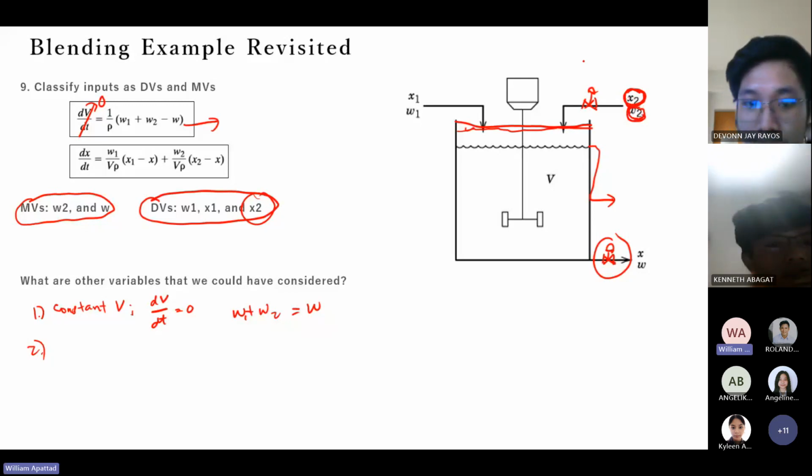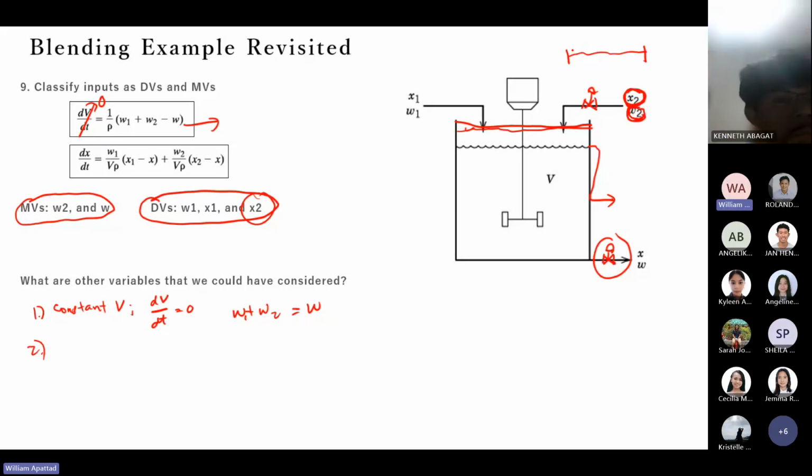So what if at certain period of time from 1 to 3 minutes, we have value of X2 equal to 0.7. So, ang susunod from 3 minutes to 6 minutes, it does not mean na X2 ay 0.7 din. Okay?